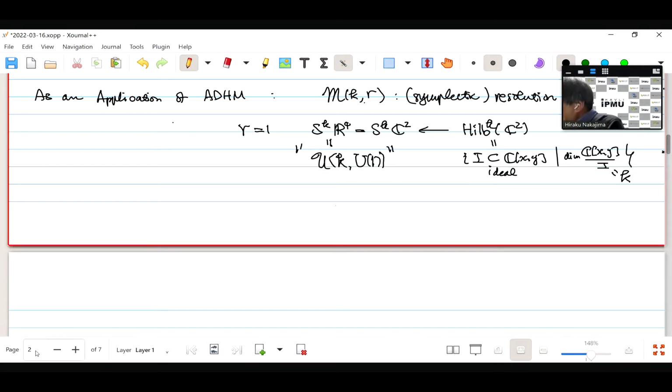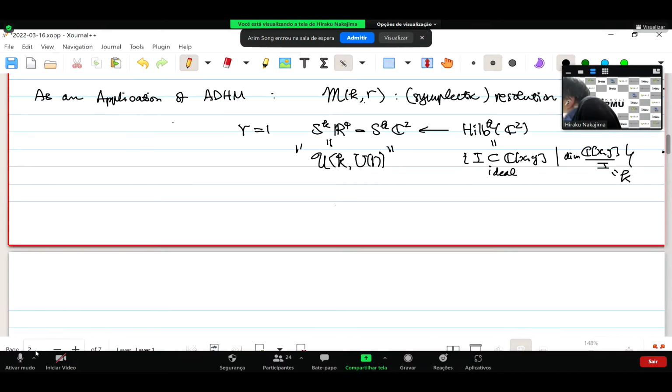And if several points collide, and you formally consider the ideal of functions which vanish at those points, then the dimension of the quotient space is smaller, because if some points collide, you can remove that point.